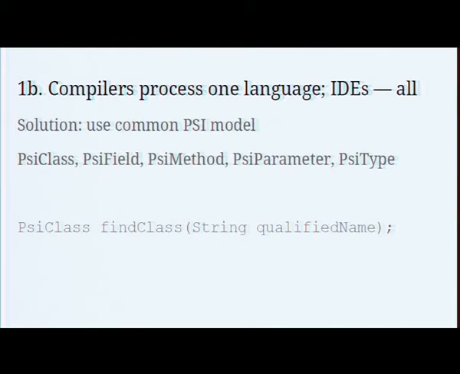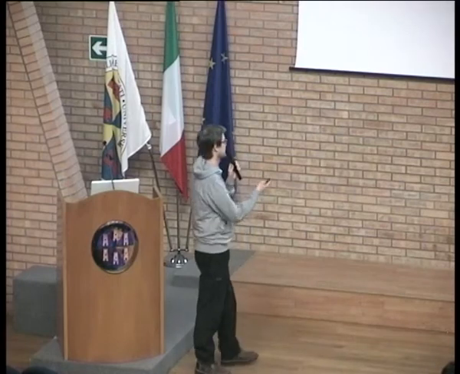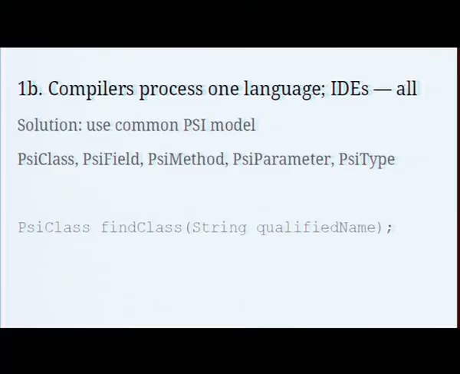And we have an API called findClass, for example, to which you give the qualified name, and it returns you some PSI class. And the plugins all plug into this functionality and just return their own implementation of PSI class. And once you have all these interfaces, as long as they return correct results, it shouldn't matter for resolve which language these classes, fields, and so on are in.